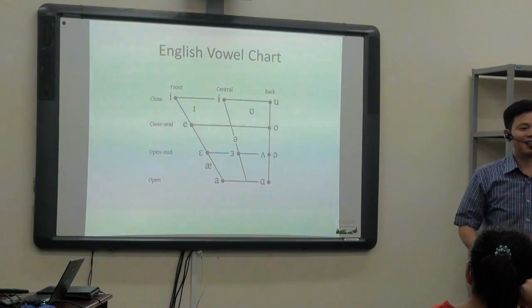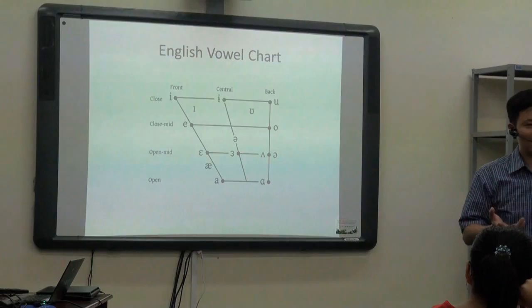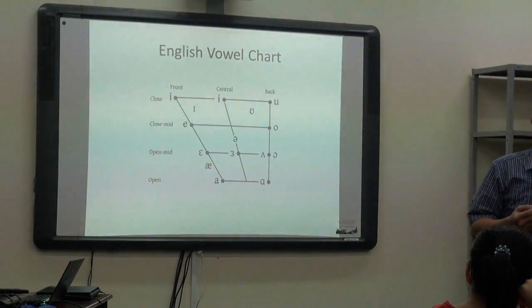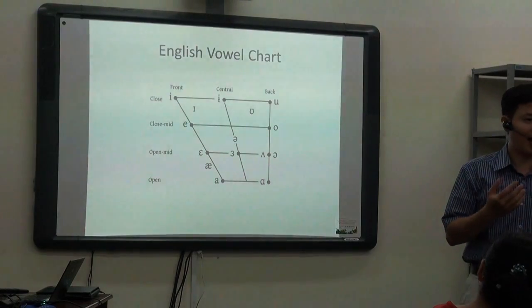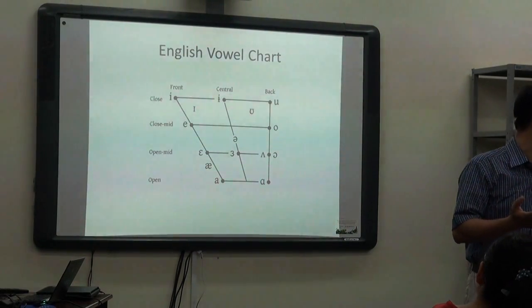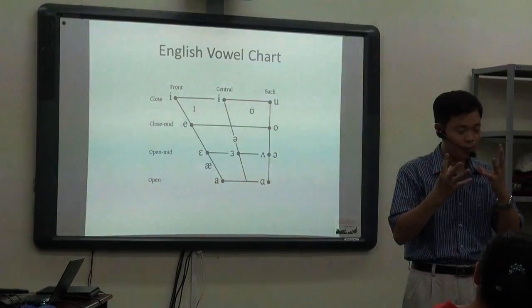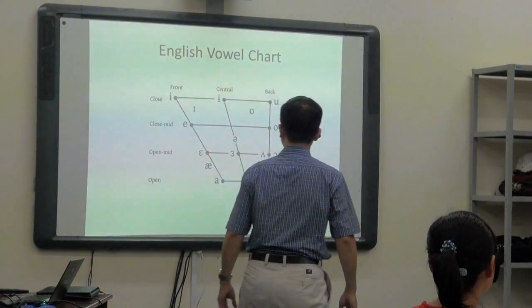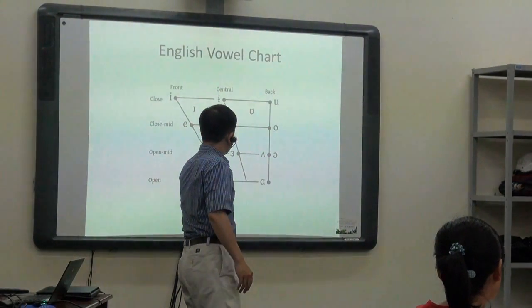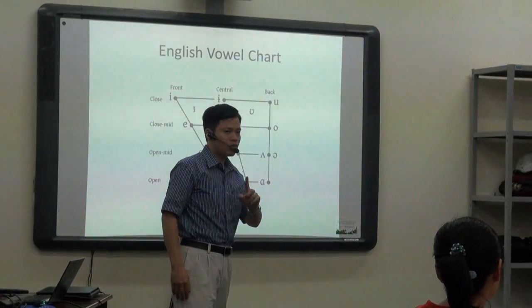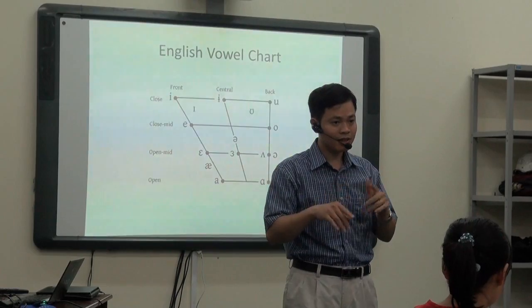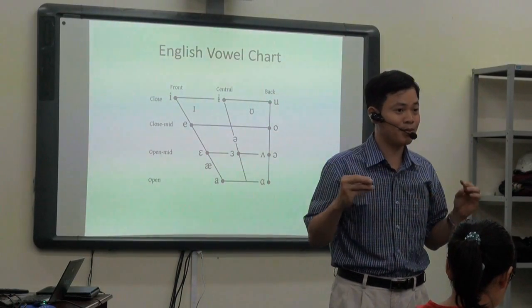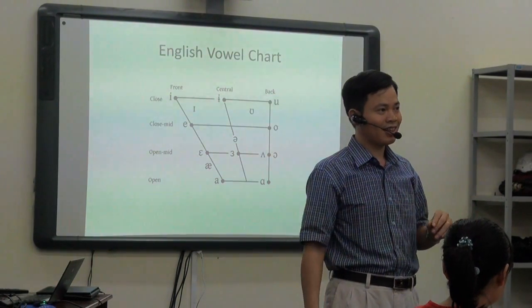For E, is it closed or is it open? It is closed. And R is probably open. Good. Now the vowel chart in English takes the shape of a trapezium.